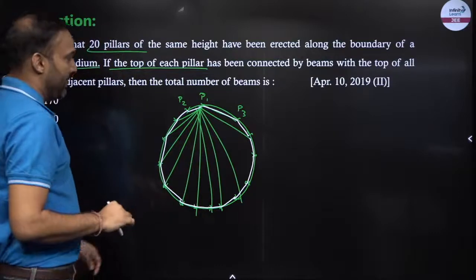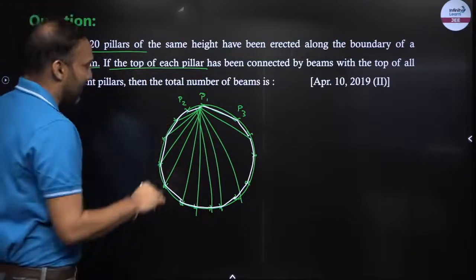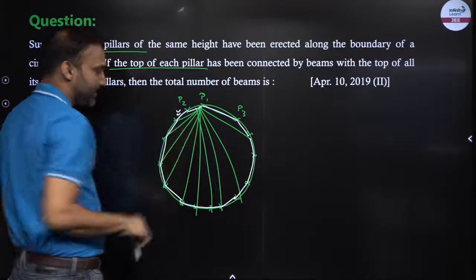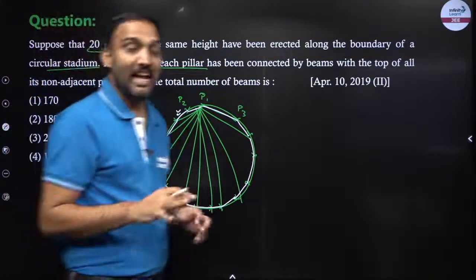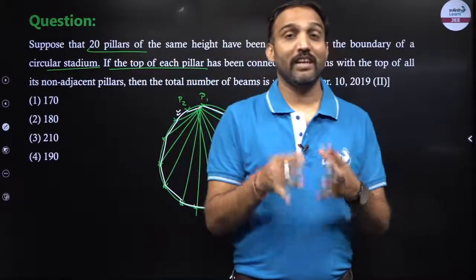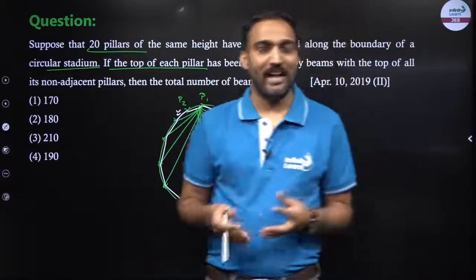So now what do I have to count? I have to count the diagonals of this polygon, and I don't have to count the sides of the polygon. Such kind of examples you might have seen in your workbook, where in a given polygon we have to count the number of diagonals.